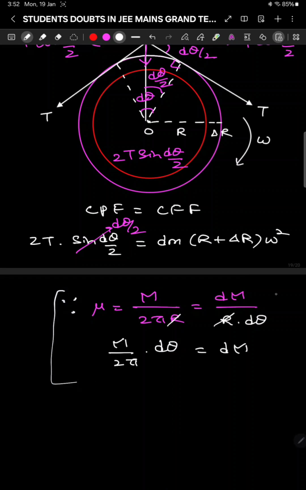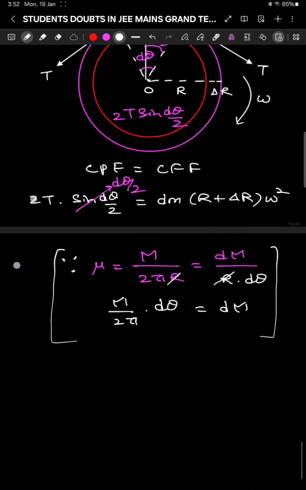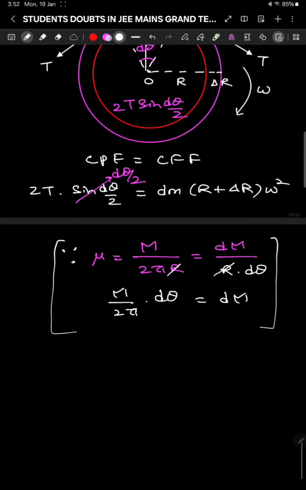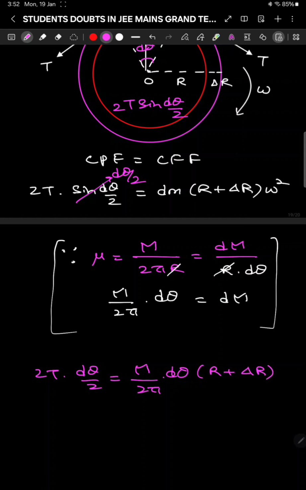Substitute dm value here. Now finally 2T d theta by 2 equals dm value, m by 2 pi into d theta, into r plus delta r omega square. Here I can cancel d theta, and 2 cancels.